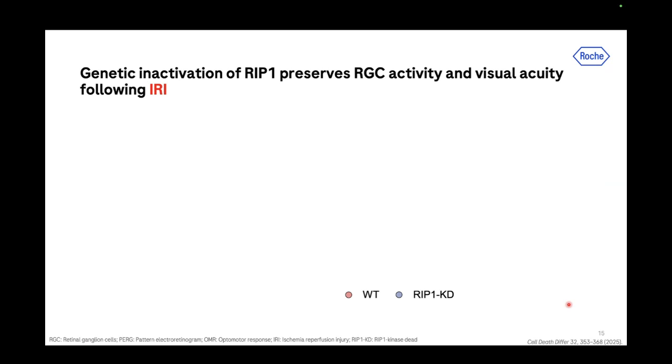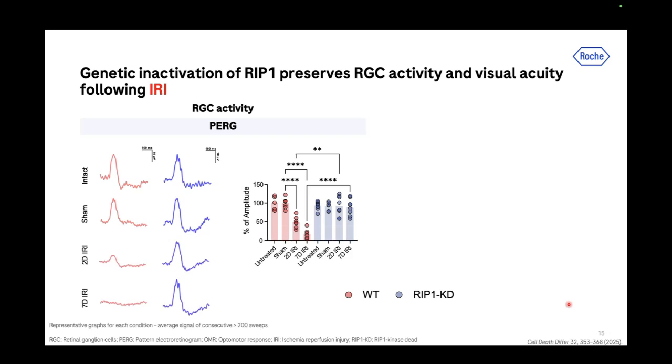In order to examine whether the functionality of the RGCs is still intact, we used two complementary approaches. One is pattern electroretinogram, PERG, to measure the RGC neuronal activity, and the second one is optomotor response with the OptoDrum from Striatech to assess the vision of the mice after IRI damage, as the visual signal is transmitted to the brain.